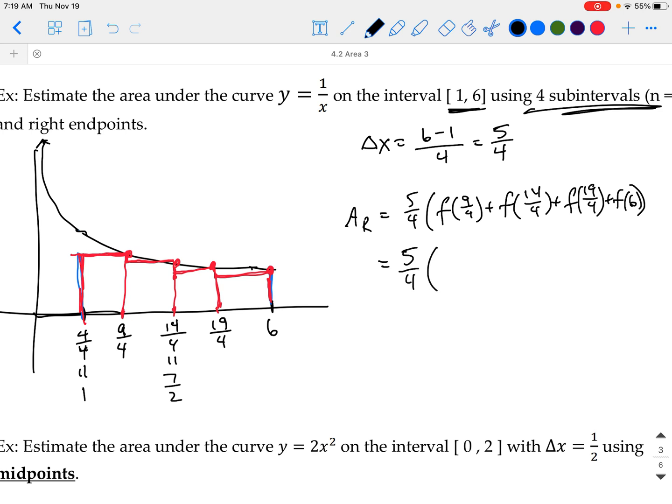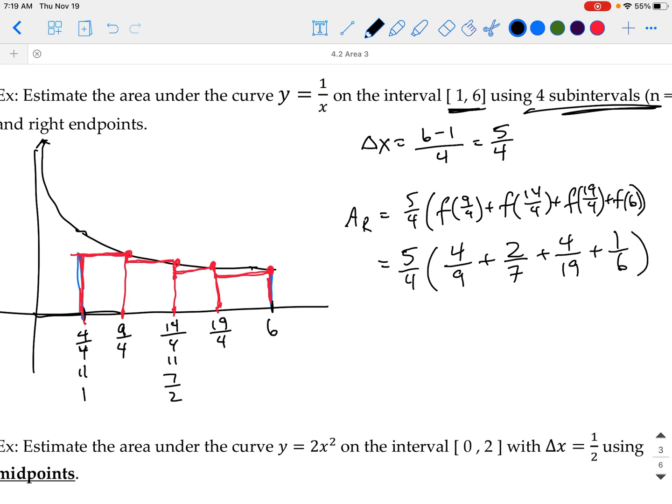So what we'll end up with is 5/4. Now our function is just 1 over x, so we just need to reciprocate the x values, right? So 9/4 becomes 4/9. 14/4 becomes 4 over 14, which is the same as 2 over 7. And then 4 over 19, and then 1 over 6.